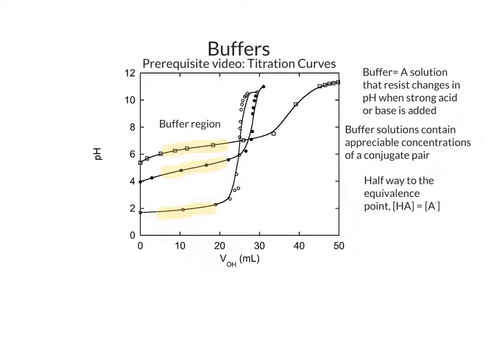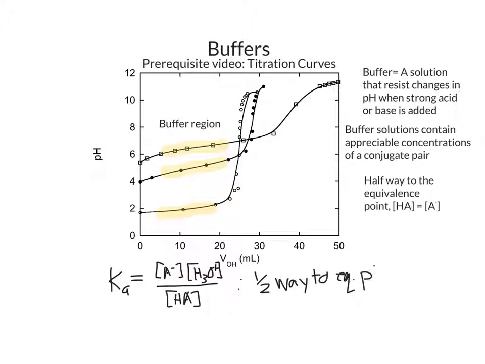If I look at my expression for Ka, it's equal to the concentration of my conjugate base times my concentration of H3O plus, hydronium, divided by my concentration of acid HA. So if I am halfway to the equivalence point, then my A minus, my conjugate base, and my HA concentrations are equal.